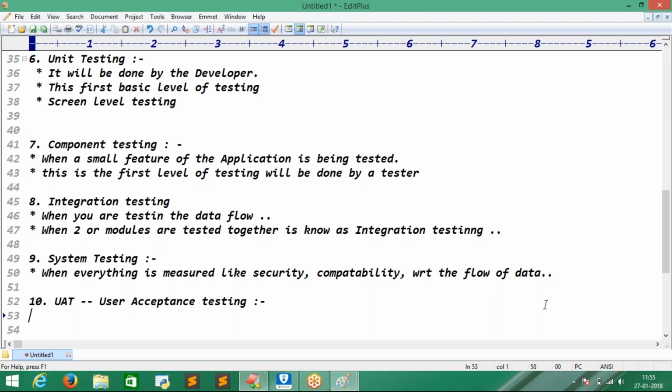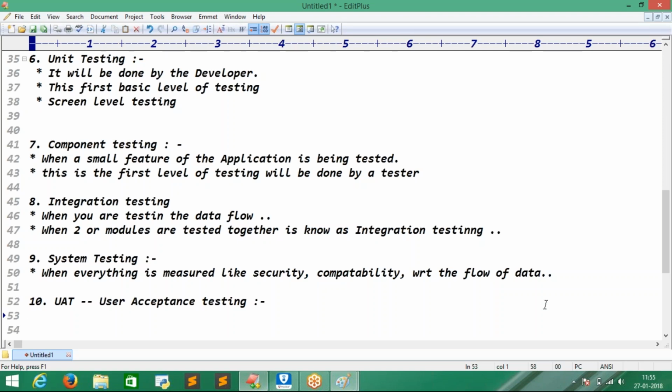They will verify in their respective environments. So that is known as UAT testing: when the clients verify, in a particular application, based on the particular feature and functionality, that is known as UAT or user acceptance testing.